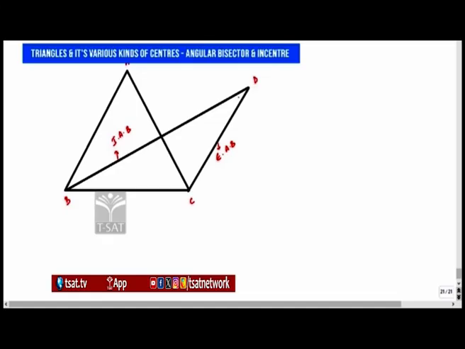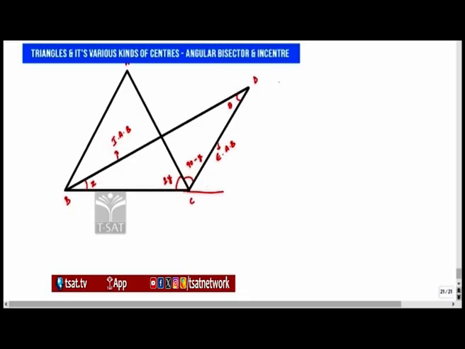This is D. Again, I am considering it as theta. This angle becomes x because it is 2x. Here it is 2y. This is 90 minus y, because if you look at the external angle, the entire external angle becomes 180 minus 2y. You just divide it by 2, it becomes 90 minus y.